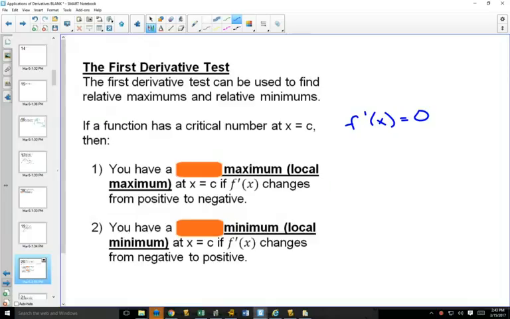And then once you have a critical number, you will be able to tell that it is a relative maximum or local maximum if the derivative changes from positive to negative. Now, we already showed this when we were doing our graphing the other day. Remember how I connected the idea of drawing that sign diagram?